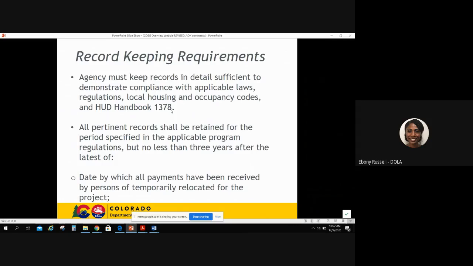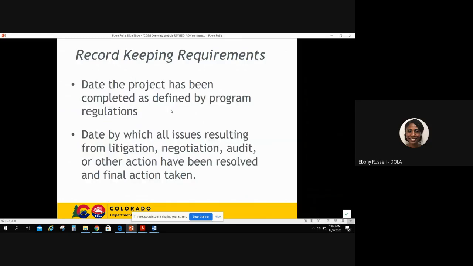So with URA, there are record keeping requirements. The agency must keep records in detail sufficient to demonstrate compliance with applicable laws that are listed in the HUD URA handbook, and all pertinent records shall be retained for the period specified, but no less than the latest of the following dates: the date by which all payments have been received, the date by which the project has been completed, or the date by which all issues resulting from litigation or audit have been resolved.